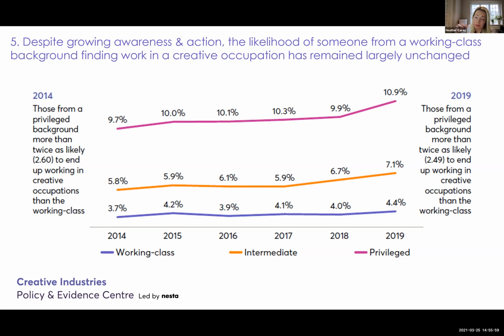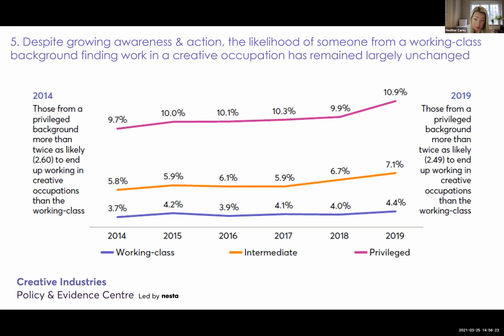So what you can see from this chart is that while overall the chances of people landing in a creative occupation have increased, you can see all these lines going up, right? Irrespective of class origin. And that's because the creative industries have been growing really rapidly relative to the rest of the economy. But what's interesting is the differential between the outcomes of those from privileged and working class backgrounds.